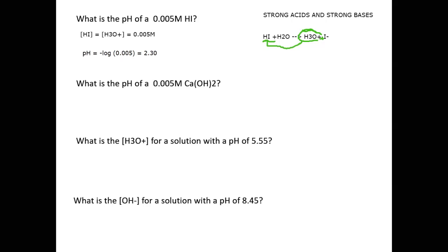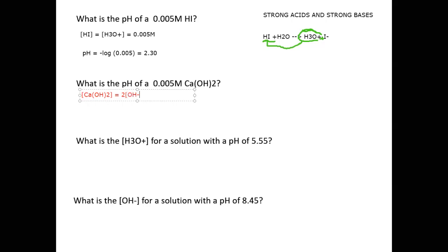So now we want to calculate the pH of a 0.005 molar solution of calcium hydroxide. What we have to note here is that the concentration of calcium hydroxide is half the concentration of OH-.